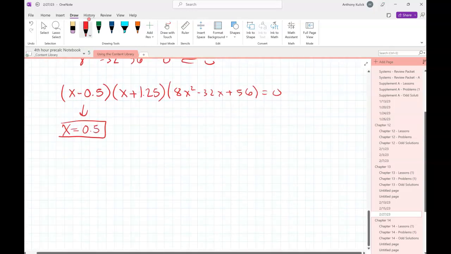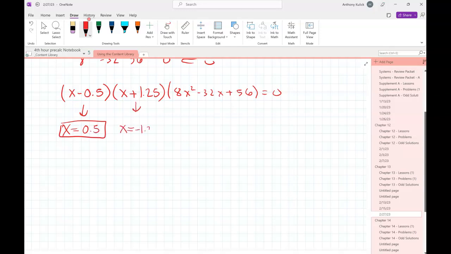Can anybody tell me the solution to this set equal to 0 without really doing some algebra? I can't either. Okay, what are we going to use to solve that one? I don't think it's going to be factorable. What else could you use to solve it?